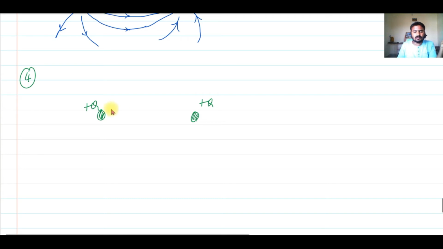So the electrical field lines due to these two positive charges go away from each other. They try to start and come towards each other, but since they repel, they take a u-turn and go away. So we will draw that here. The electrical field lines due to this positive charge will go like that, and due to this positive charge will go like that.